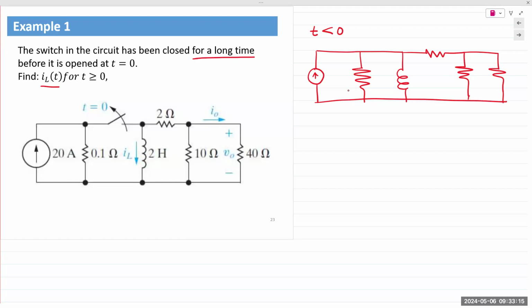So in the past, if the inductor is behaving like a short circuit, all of the current flows through the inductor. The circuit simply reduces to the current source and the inductor that behaves like a short circuit.